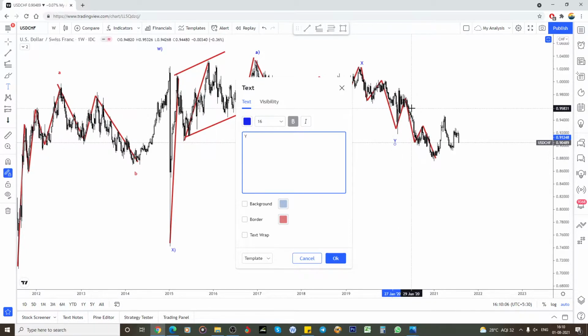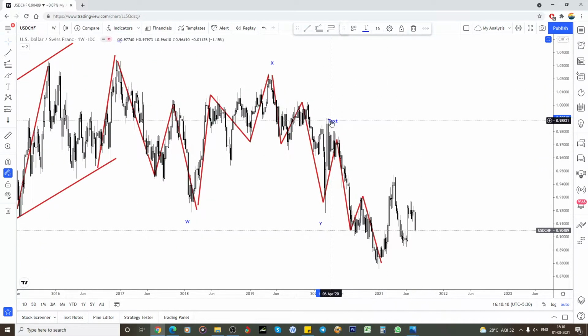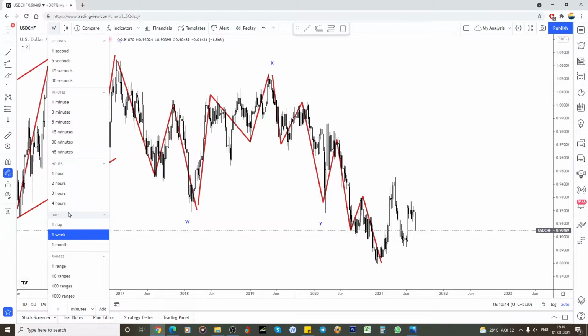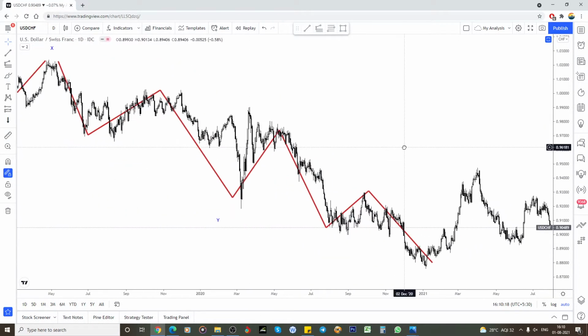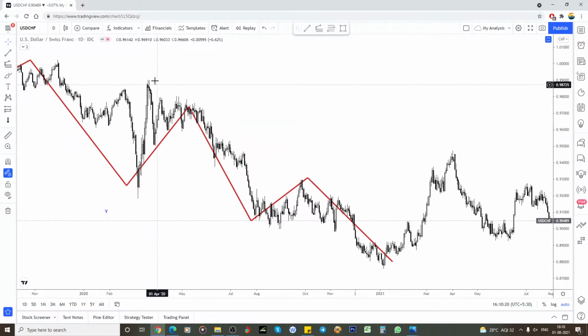And this part is very, very critical, and I haven't seen this kind of triangle in my experience. So if you check in this daily chart, here it's a three-wave structure. So I will just remove this one.